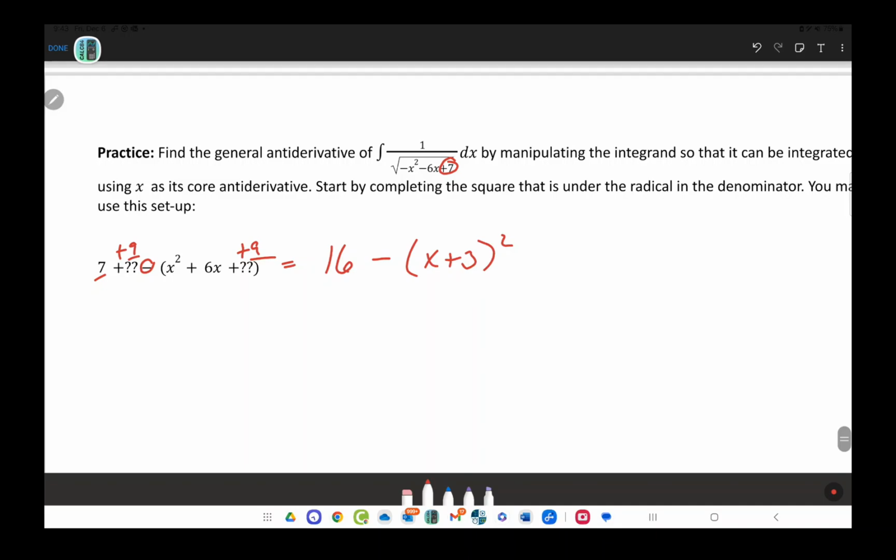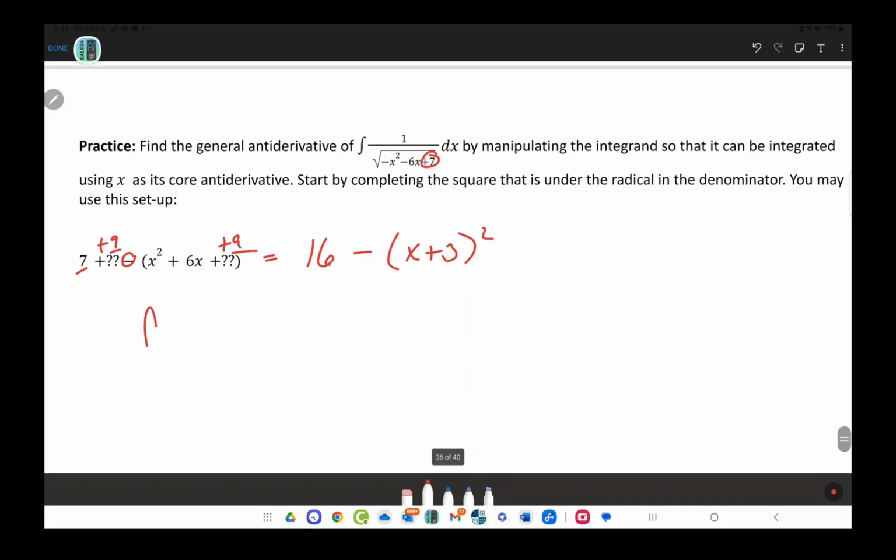But will that make things any easier? It's really up to you in that case. So inside our square root, we have the integral of 1 over the square root of... When you factor out, would you put a -1/16 on the outside? Or no?